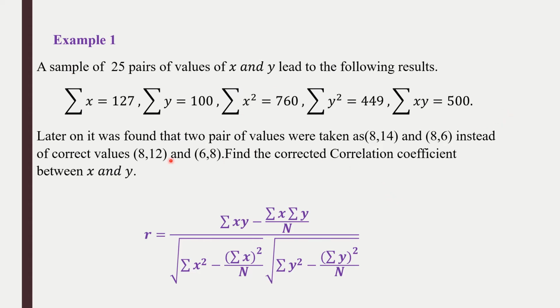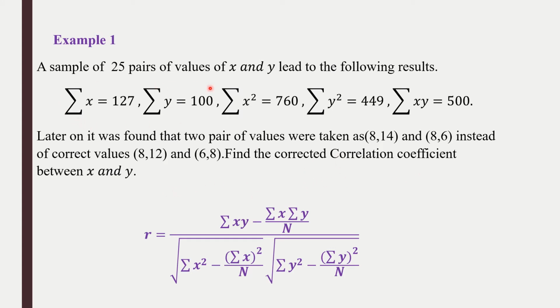But later it was found that two pairs of values were taken as this and this instead of (8,12) and (6,8). Okay, after calculating the summation, it was found that these values were taken wrong instead of these values. So we have to calculate the corrected coefficient of correlation.